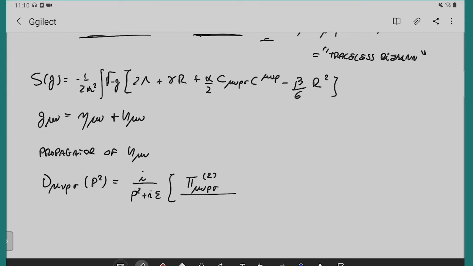I will tell you what these things are. Plus some gauge fixing term that I'm not going to write.